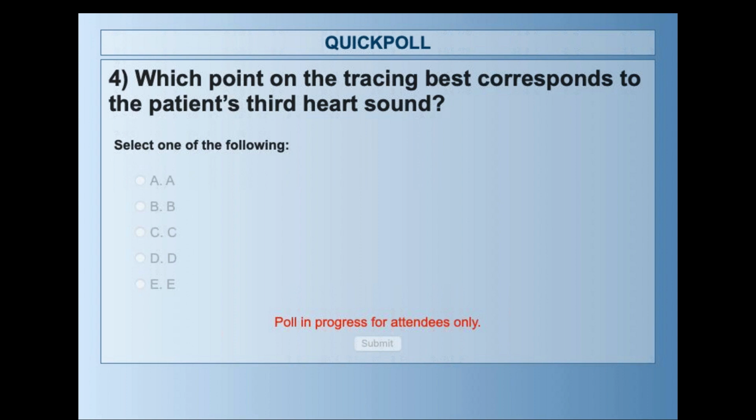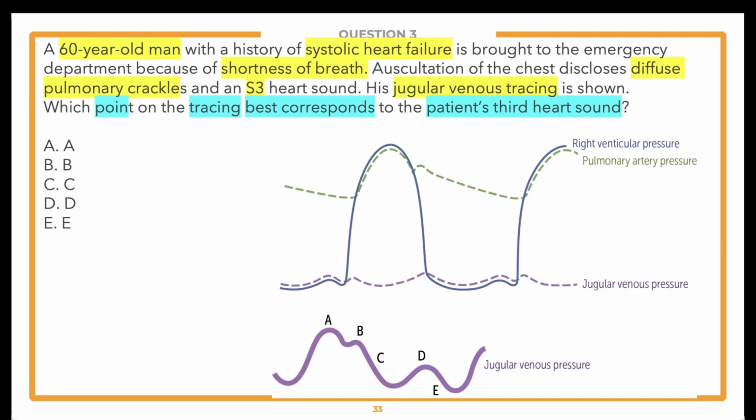Okay, let's close the poll here. I think this is a tricky one. The votes were pretty slow to come in, and that indicates that either you need a little bit more time looking at the tracing, or you weren't quite sure. So let's close the poll and share the results.